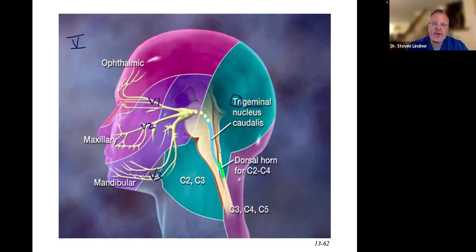V1, V2, V3. So when you go to the dentist, this is the cranial nerve that they inject with Novocaine so that half your face goes numb. They want to be able to hit V2 if they're working on the upper jaw, or V3 if they're working on the mandible. But usually they hit pretty close to that ganglion right there.